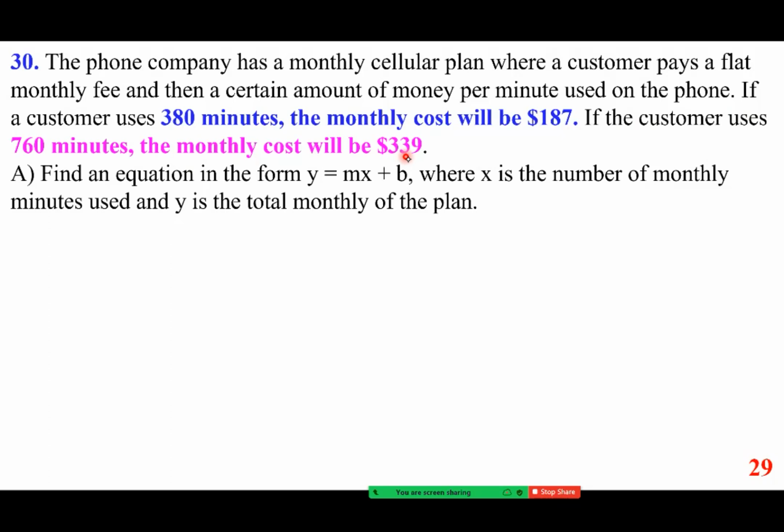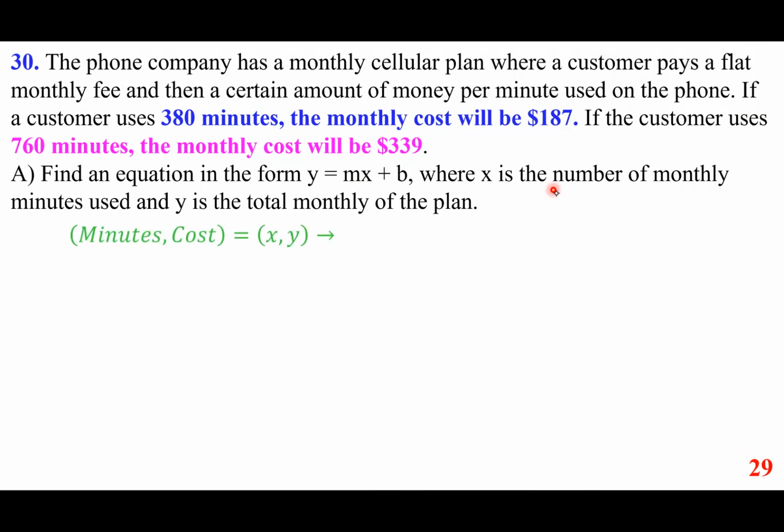So first and foremost, we find an equation of the form y equals mx plus b, where x is the number of monthly minutes and y is the total monthly cost of the plan. So minutes and cost would be x and y. Minutes is the independent variable. So we have 380, 187, 760, 339.